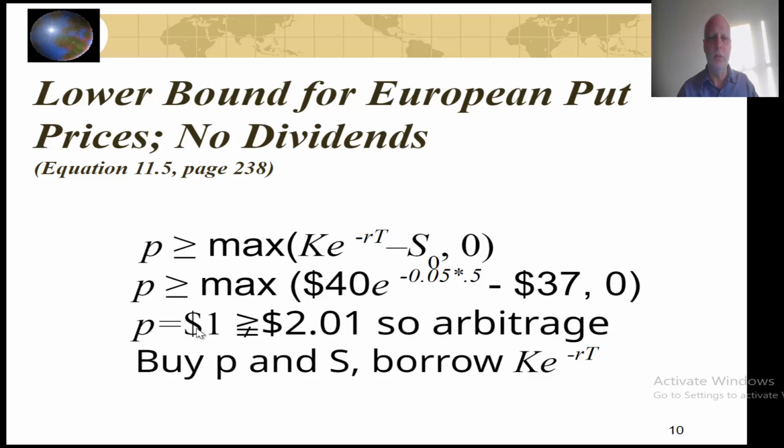Therefore, what you would do is you would borrow the present value of the strike price, and then you would buy P and S, because the put is underpriced relative to the stock price. You would therefore be guaranteed an arbitrage profit of at least the difference between these two, or $1 and a penny.